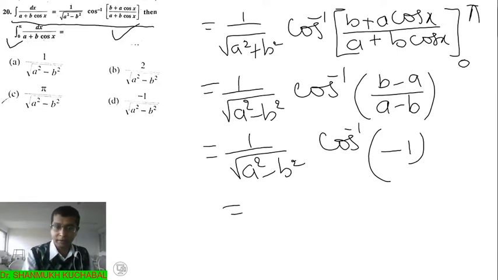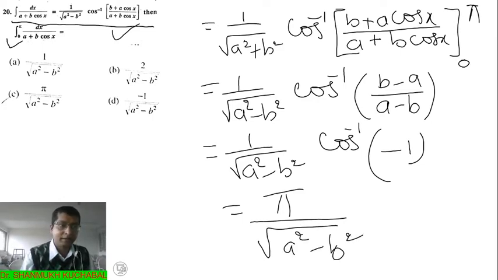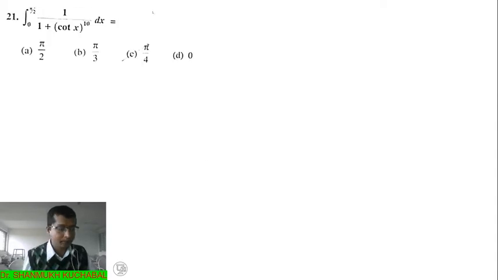So using the inverse trigonometric property, we can write pi as the answer divided by a square minus b square. Therefore C is the right answer. That is pi divided by under the square root of a square minus b square. We'll move to our next example.